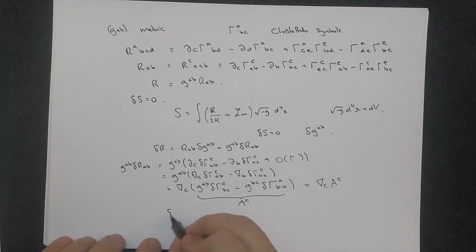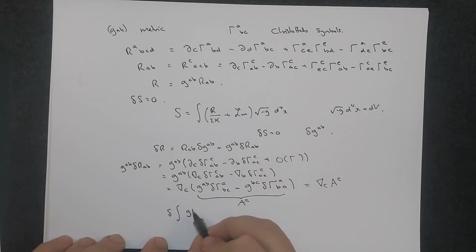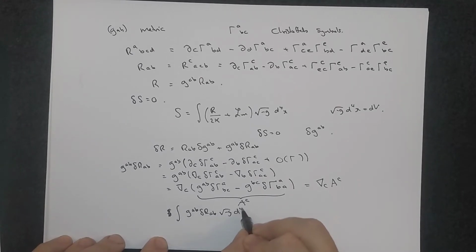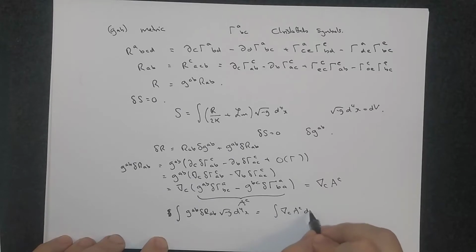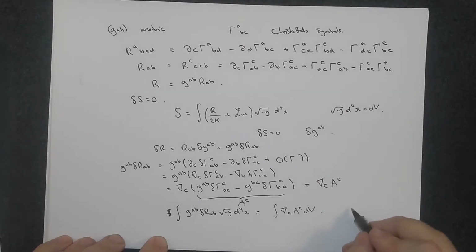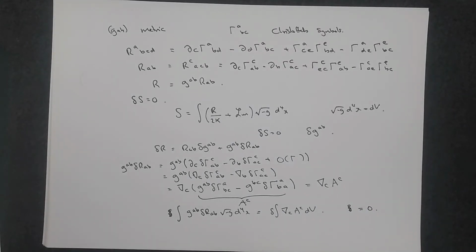And therefore, the variation of the integral of g^AB delta R_AB root minus g d4x is the integral of that dV. And the variation of that is 0 because that's a total divergence.